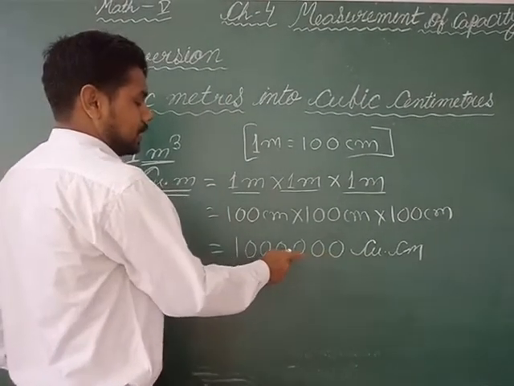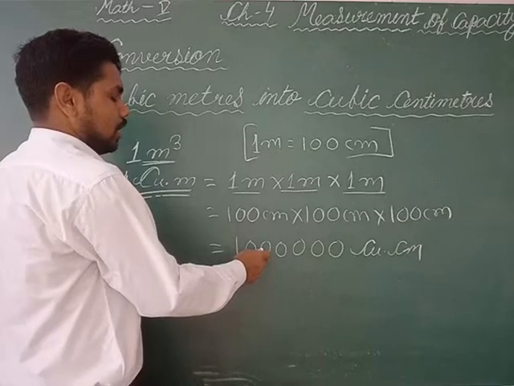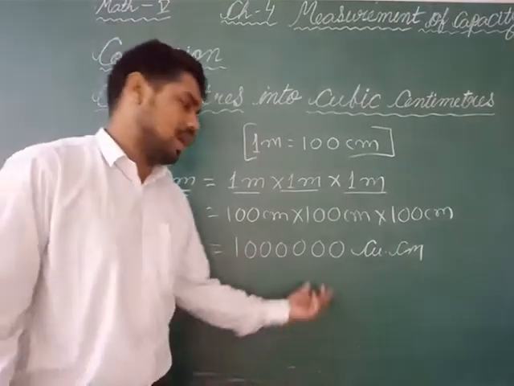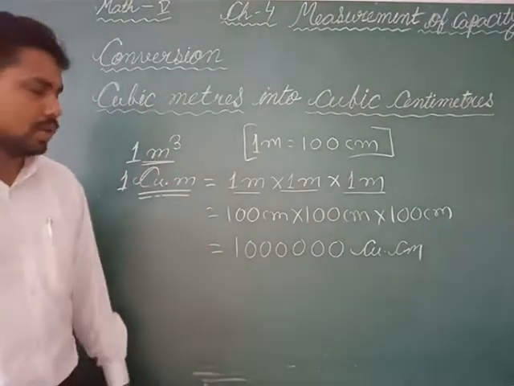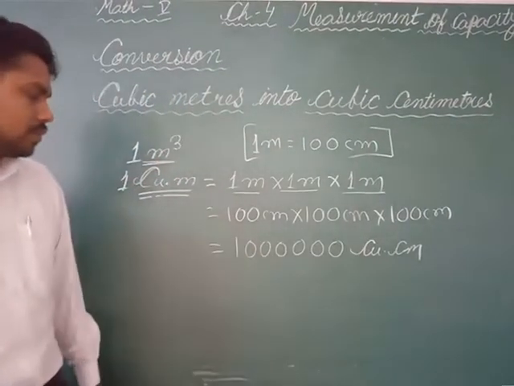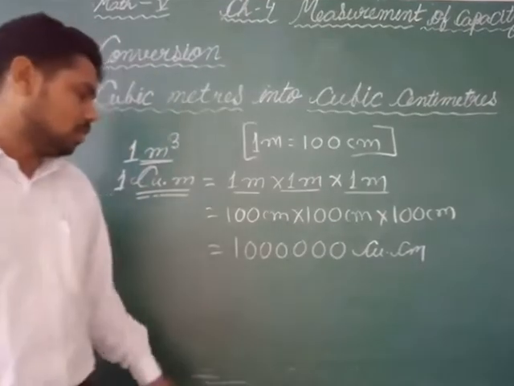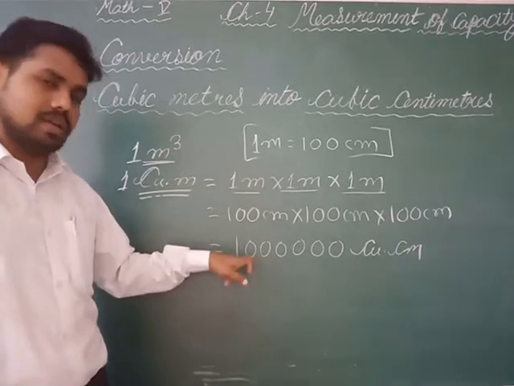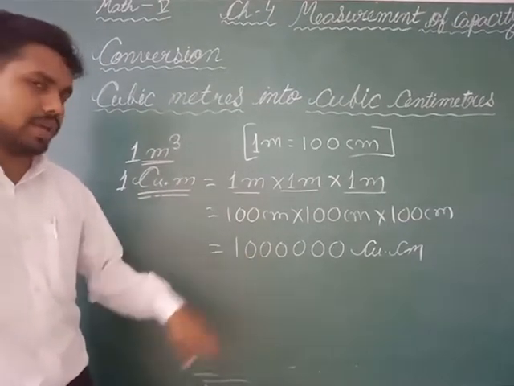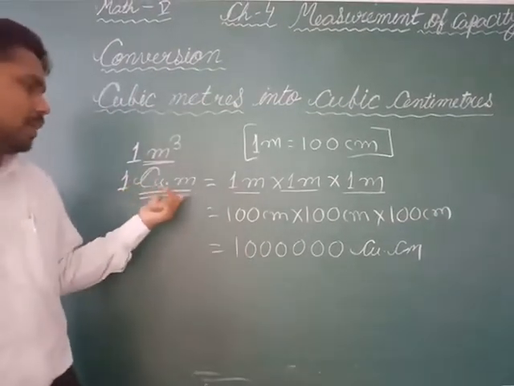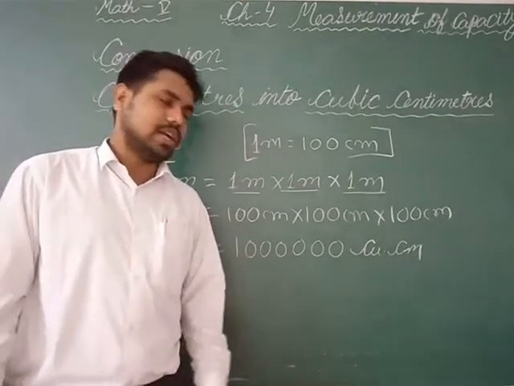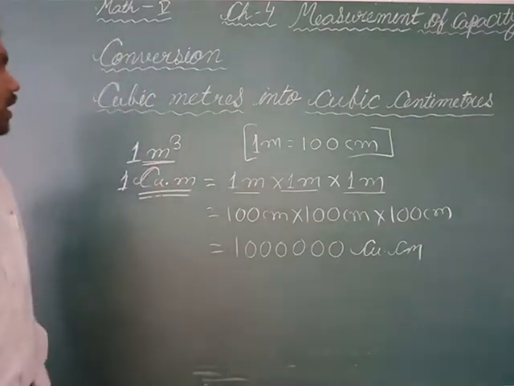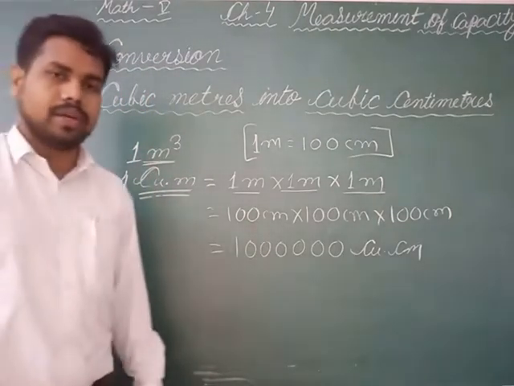Ones, tens, hundreds, thousands, ten thousands, lakhs, 10 lakhs. Not 1 lakh, 10 lakhs. So this is how we can say 1 cubic meter is equal to 10 lakh cubic centimeter.